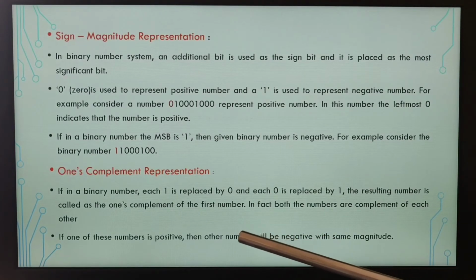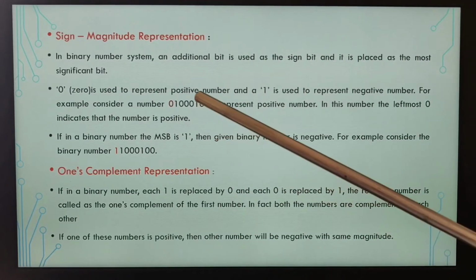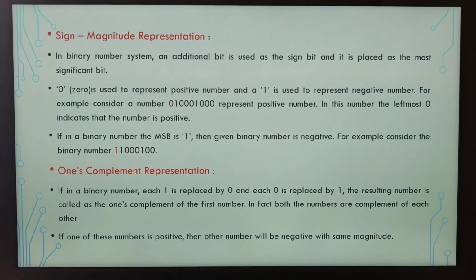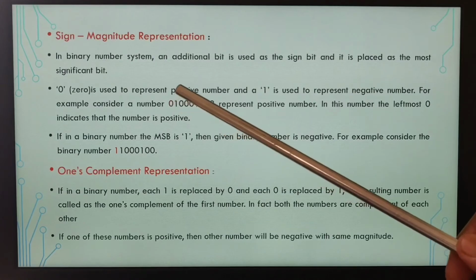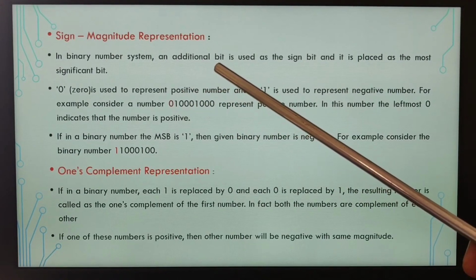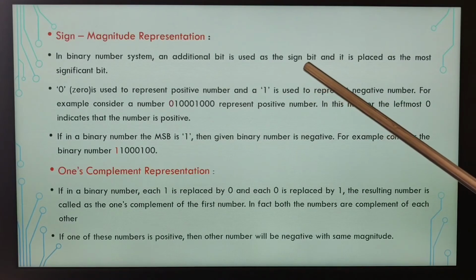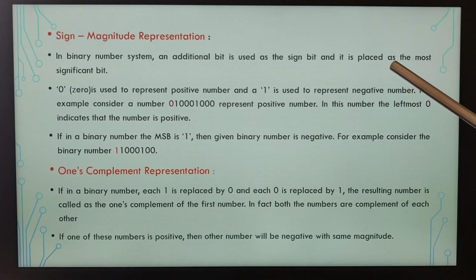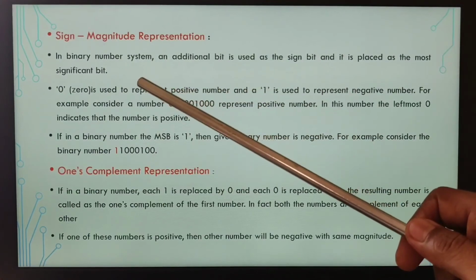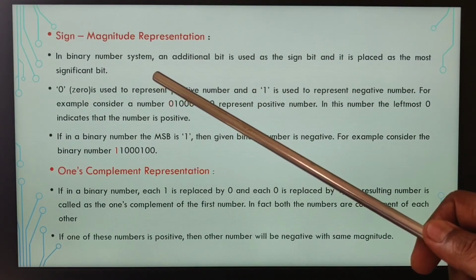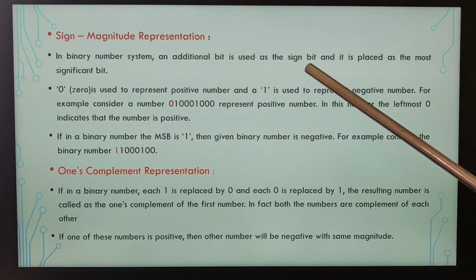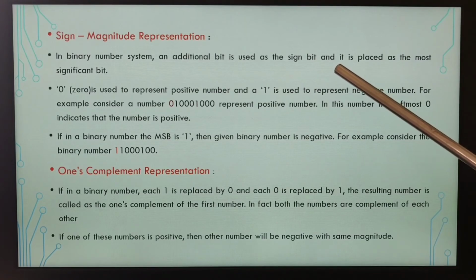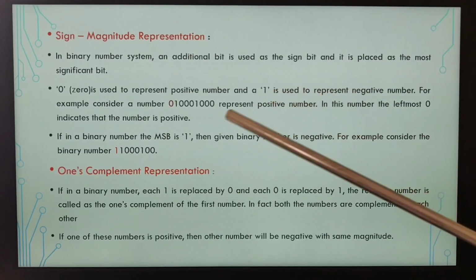The next part we consider is sign magnitude representation. In sign magnitude representation in the binary number system, an additional bit is used as the sign bit and it is placed as the most significant bit. That means when we have to denote the sign magnitude, we put one additional bit as the most significant bit.